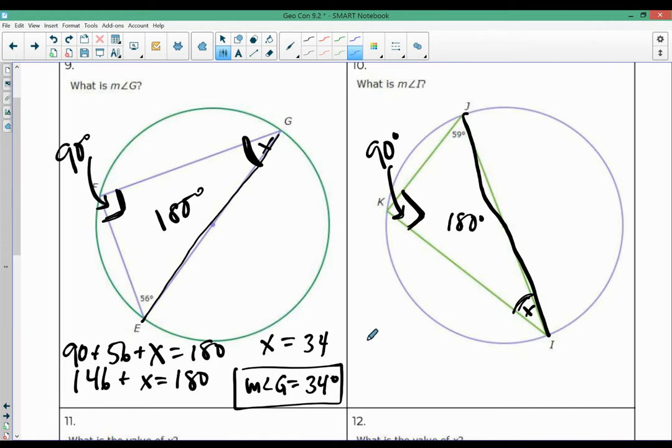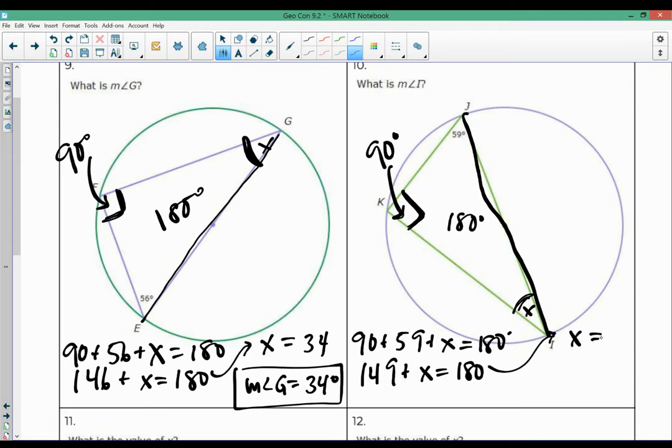So 90, 59, and x is 180. 90 plus 59 gives me 149, plus x equals 180. Subtract that from 180, and I get 31. So the measure of angle I is 31 degrees. Pretty cool, huh?